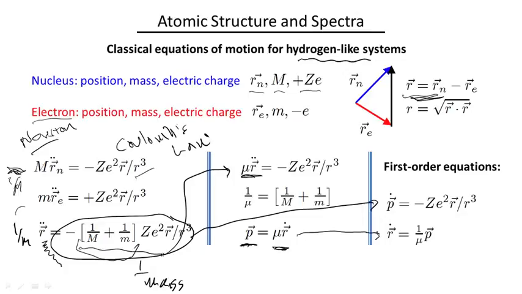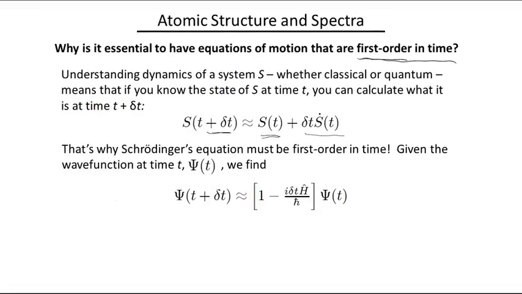Now, why do we reduce this to first-order equations, you might ask? I emphasized the development of equations that are first order in time because the whole idea of solving the equations of motion for a system means that if you have a specification of the state at time t, you can find the state at some later time, and for a small time that means you need an equation of motion that is first order in time for that state.